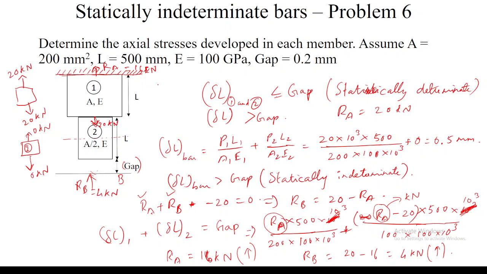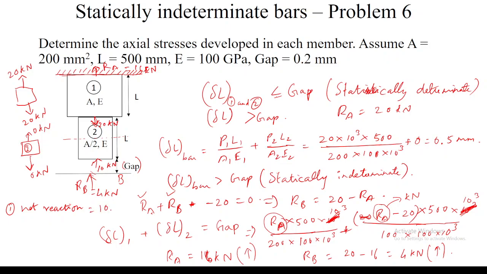Yes, sir. So the basic methodology in solving a statically indeterminate structure is: first calculate the net reaction force, which means even if I am giving another force here, say for example 10 kilonewton, then 20 minus 10 will be equal to 10 kilonewton.